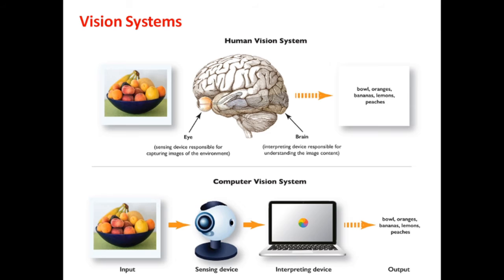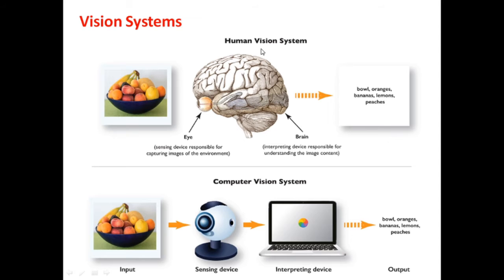Okay, now what is happening here? I am projecting a difference chart of the computer vision system and the human vision system. I have some fruits kept inside a bowl. This is my input image.